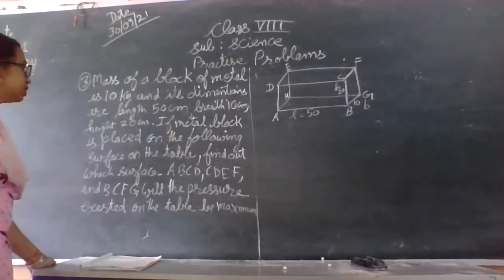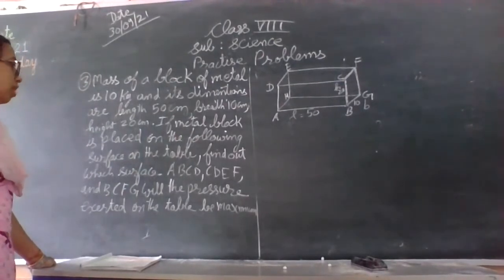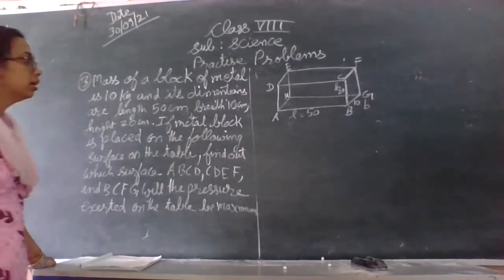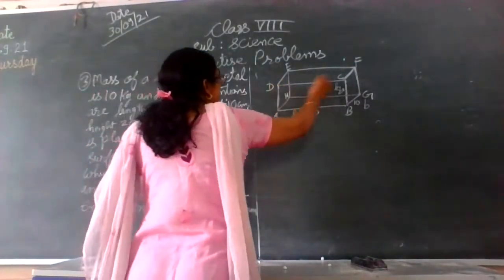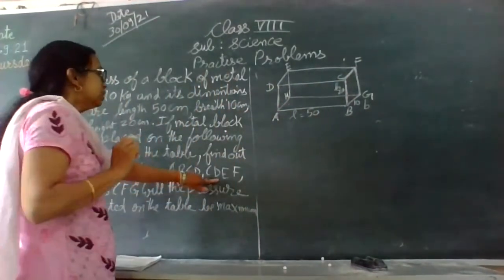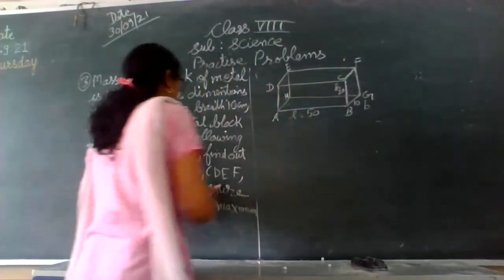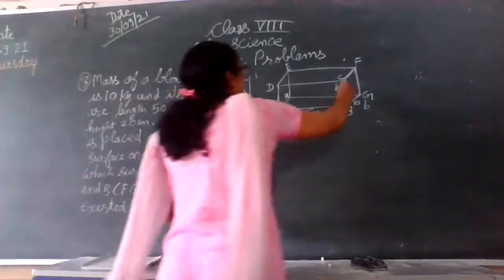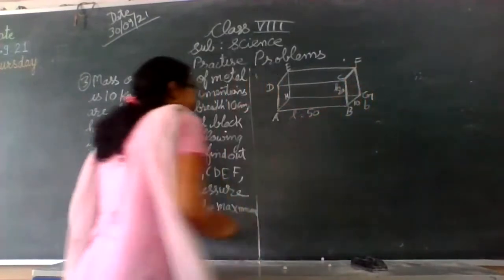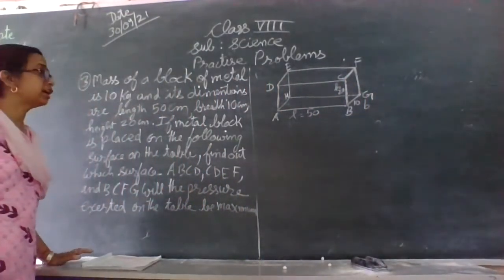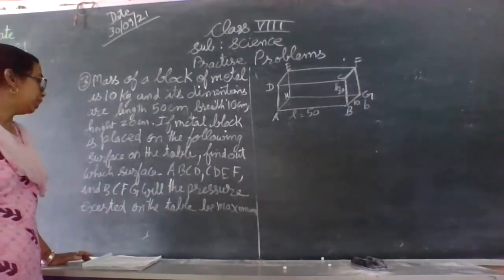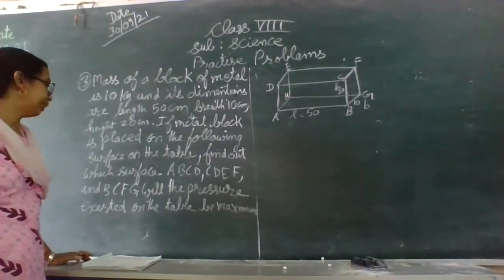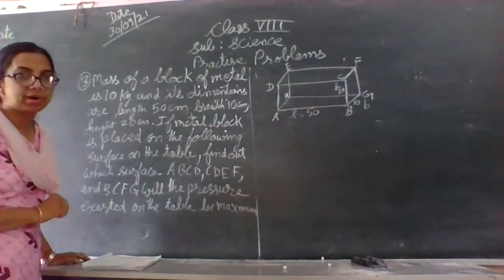If the metal block is placed on any surface on the table, find out which surface out of these, A B C D, C D E F or B C F G, the pressure exerted on the table will be maximum.